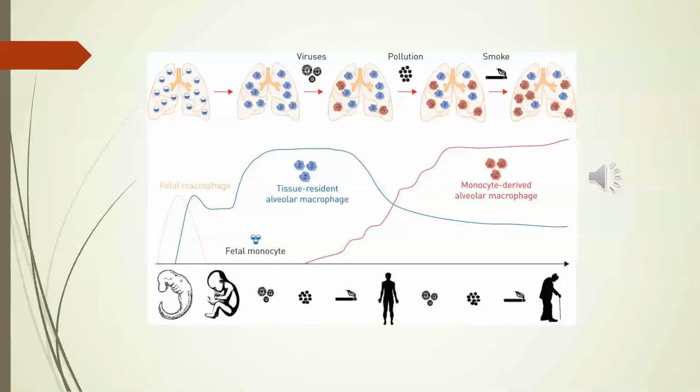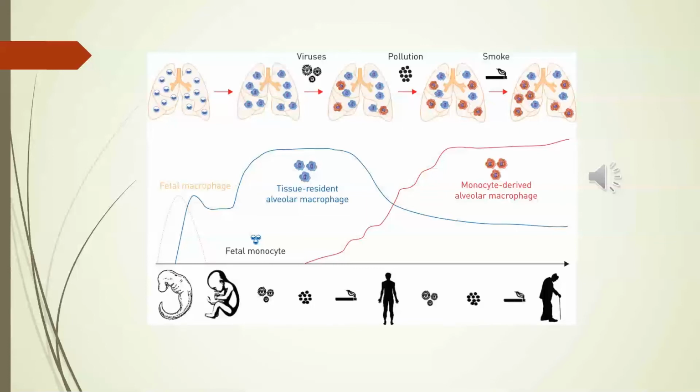And by aging, the lung is exposed to viral infection, pollution, smoking, and such hazardous situations, which invite blood monocytes to the alveoli or to the lung. Such circulating blood monocytes, here in red color, through recurrent exposure of the lung to such environmental problems or infection, increase in number within the lung and can completely replace the resident macrophages, which are represented here by the blue color.